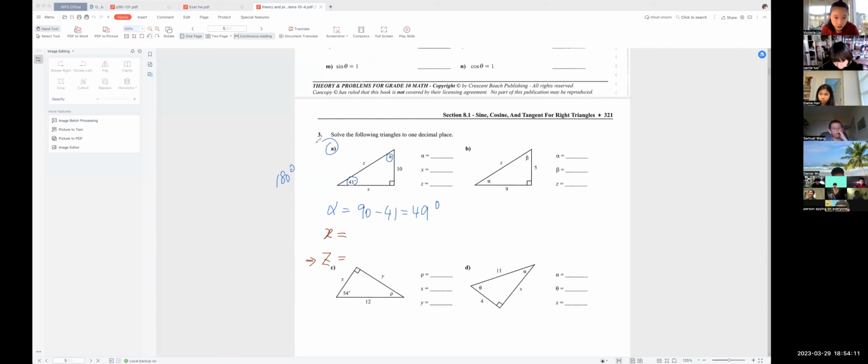So sine 41 equals 10 over Z. Very good. So we need to find out Z first, right, Victoria? Okay, so sine 41, we can calculate it with the calculator, right, Daniel?